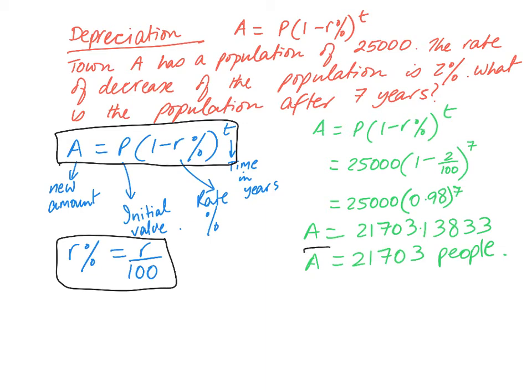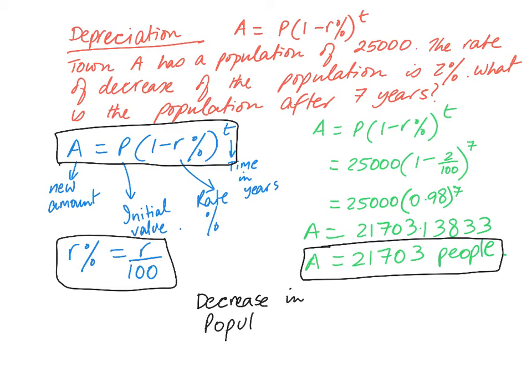If we were to do the decrease, what do you think we should do? Decrease in population would be P minus A, right? Because P is larger. So 25,000 minus 21,703.